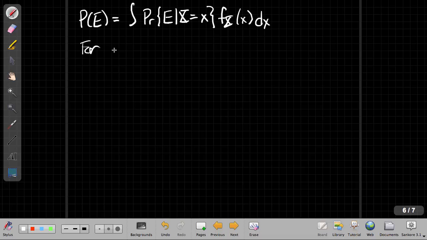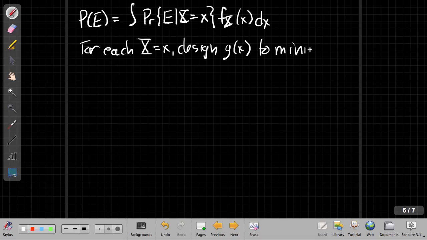So for each value of little x, we want to design the decision rule. Or design is a big word. Just have the decision rule choose the more likely value. So if we choose the more likely value, we're going to minimize the probability of E.